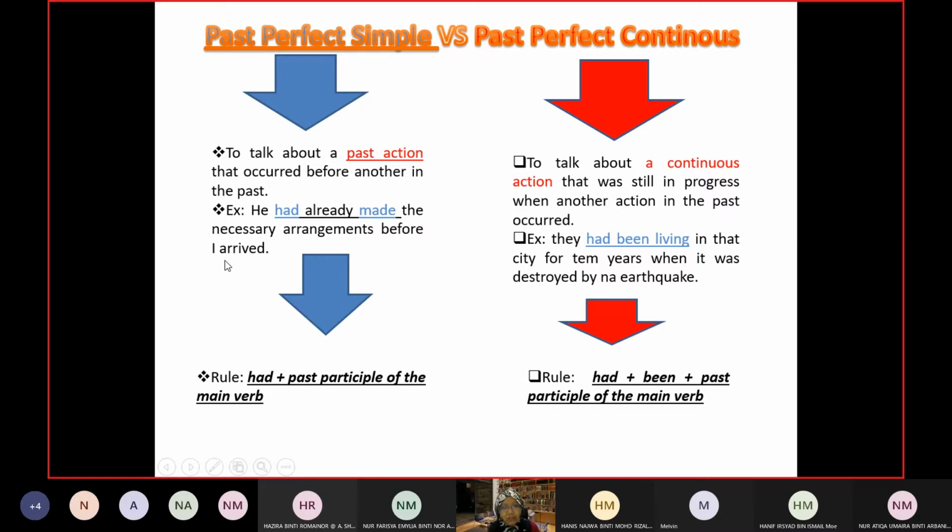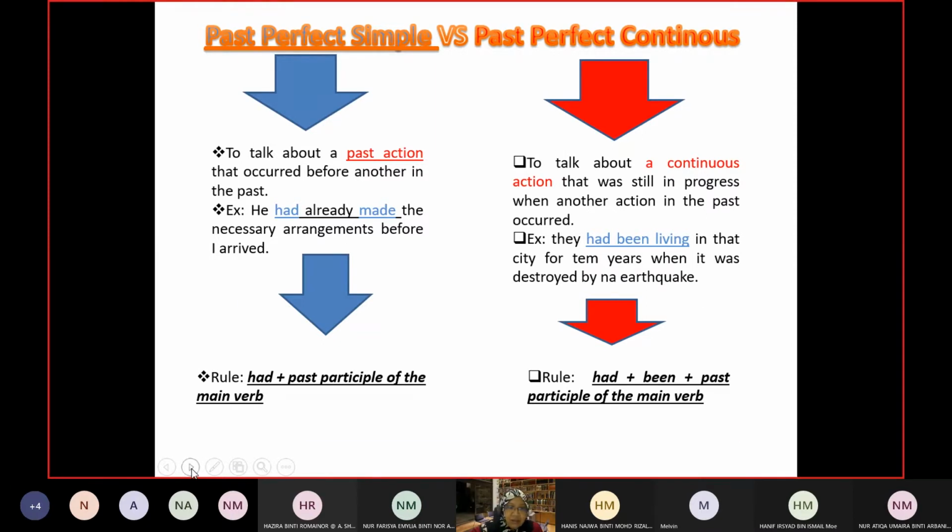Next, verb, awak gunakan simple past tense biasa. Alright, past perfect continuous to talk about a continuous action that was still in progress when another action in the past occurred. Alright, example, they had been living in that city for 10 years, wrong spelling of 10 there, when it was destroyed by an earthquake. So, dia dah tinggal dulu berapa tahun, baru earthquake ni terjadi.